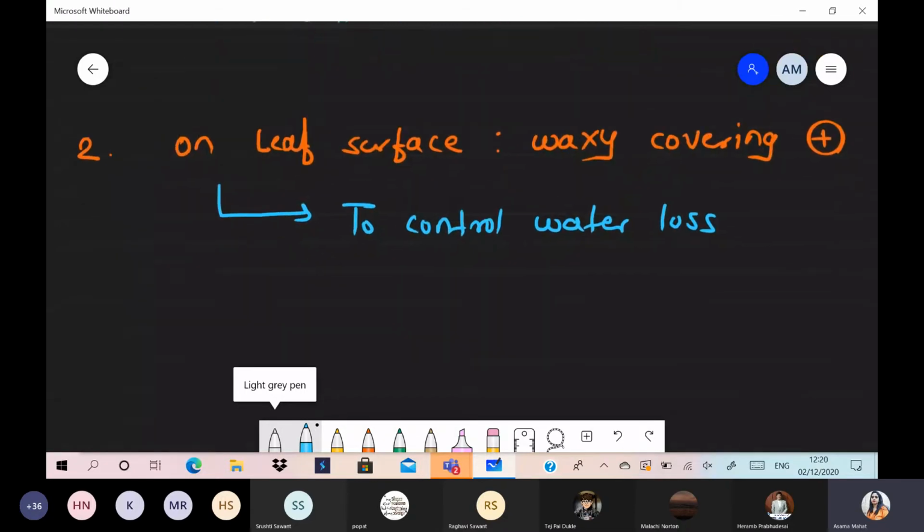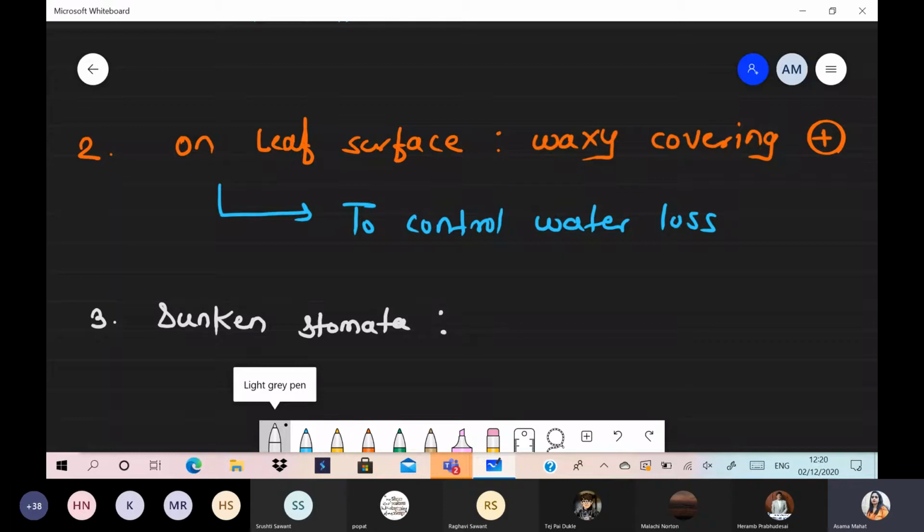Third adaptation we are talking about is the presence of sunken stomata. I hope you know stomata are the small pores present on the leaf, which control the loss of water. Because if stomata open, there is water loss and CO2 enters for the photosynthesis process.